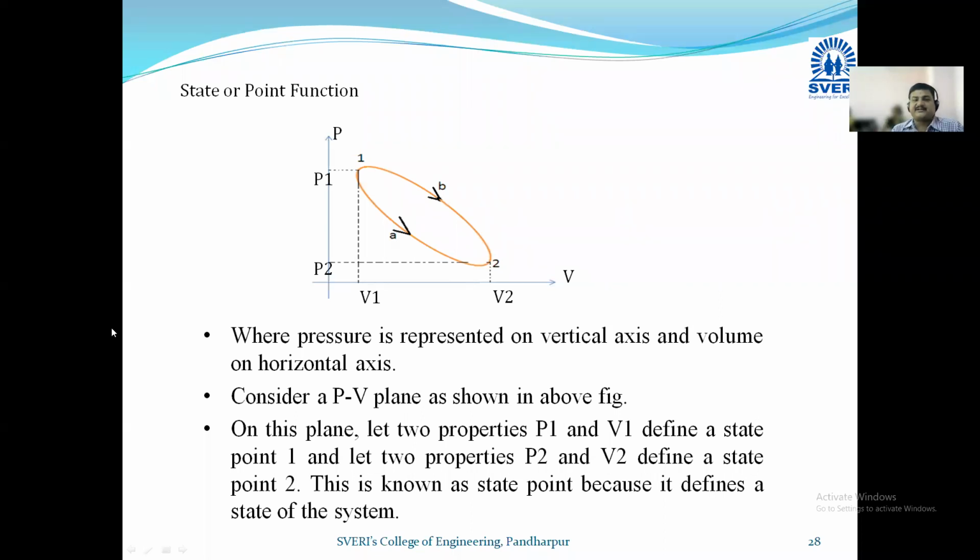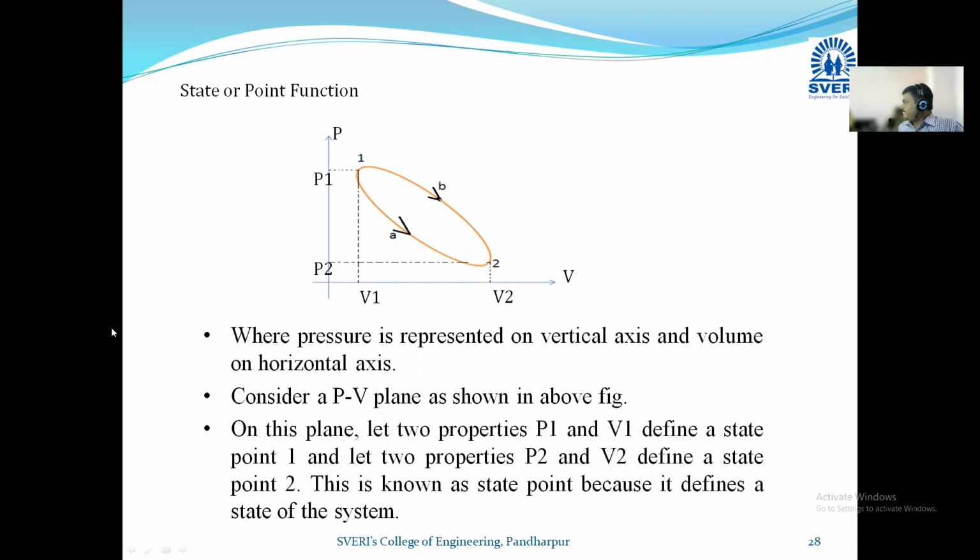Pressure is represented on the vertical axis, that is the y-axis, and volume is represented on the horizontal axis, the x-axis. So this thermodynamic plane is known by the name of PV diagram or PV plane.